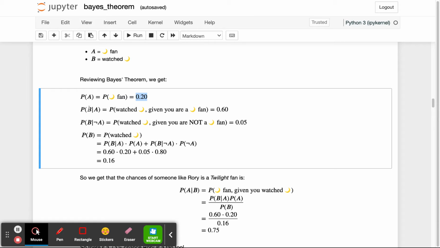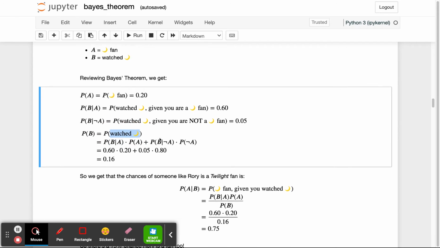And then the probability of B given A, that is the probability of having watched the film, given that you're a fan, it's 60%. And then the probability that you watch, given that you're not a fan, was 0.05 or 5%. And so we can find this B probability, the probability of having watched the film, whether you are a fan or not.